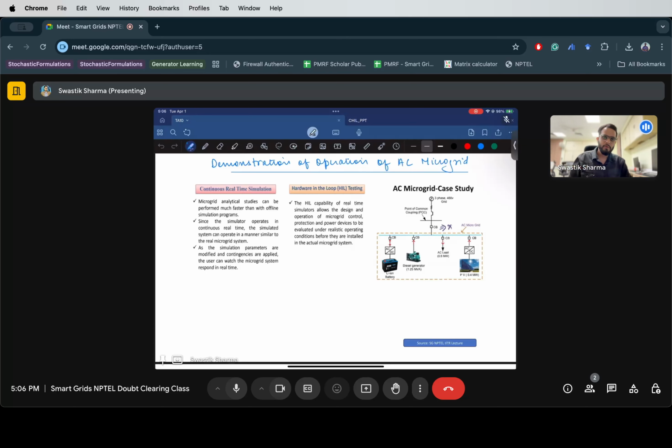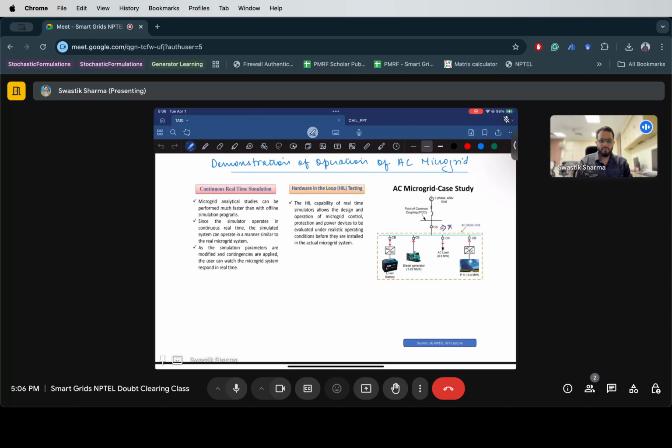We want to see whether the power flow control strategy or the energy management schemes that we are proposing for that AC microgrid will work in grid connected mode or in islanded mode. So what we want to check is, if we have made an AC microgrid, will it be reliable enough to work in real life?